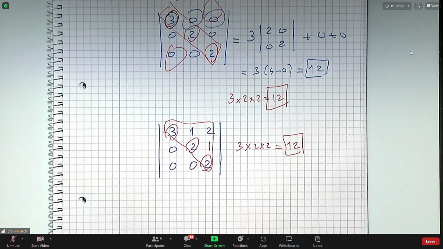This is the value of the determinant. So don't get confused if you see, somewhere in the exam or in some assignment, a 4 by 4 determinant which is actually in lower or upper triangular form, then you just multiply the diagonals and you're there.